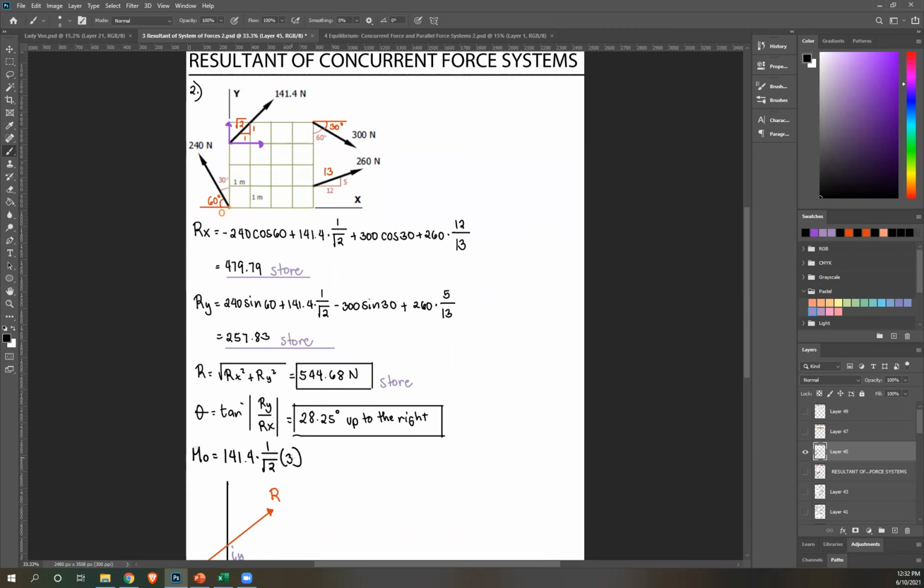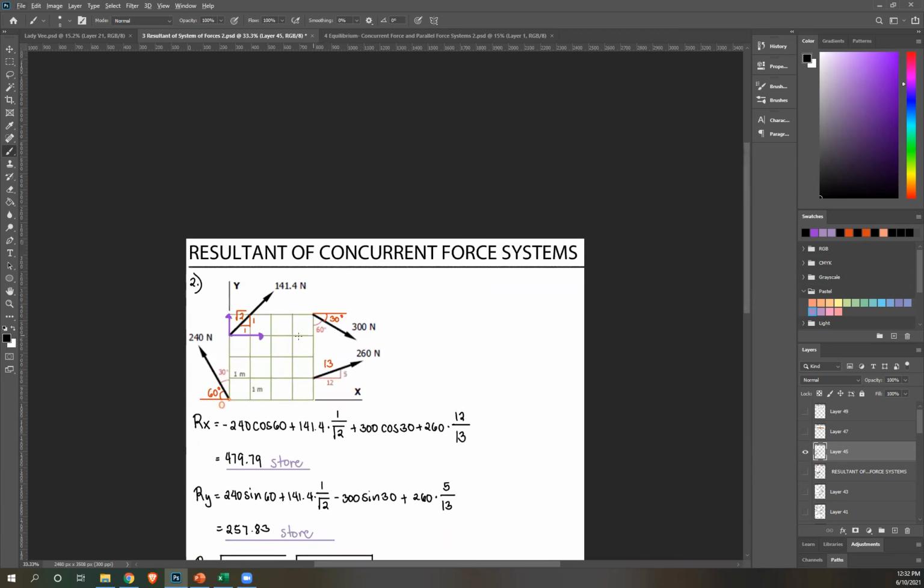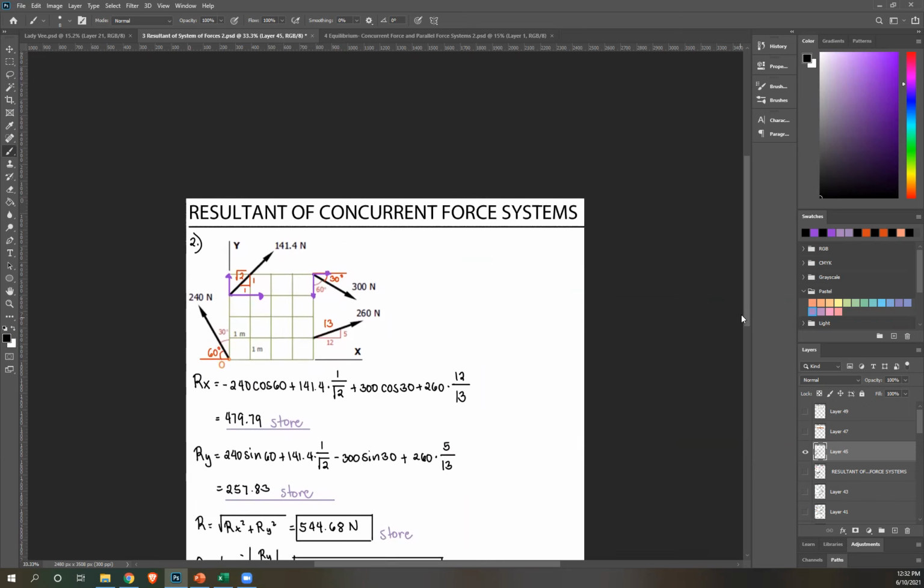Do the same thing for the others. We have this, the 300 Newton force. Once again, get its components. Neither of the components pass through, so we'll solve for both. Let's start with X component. Rotate that about O, that's positive. Therefore, that's clockwise.